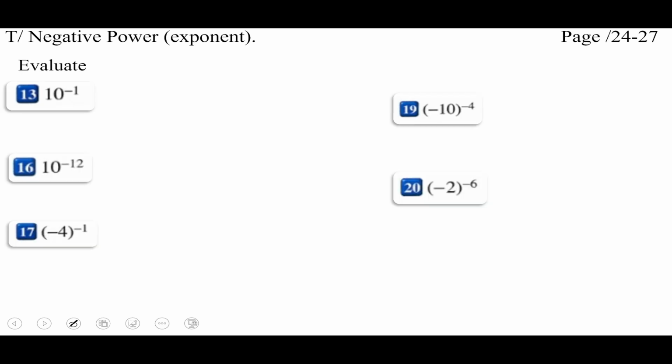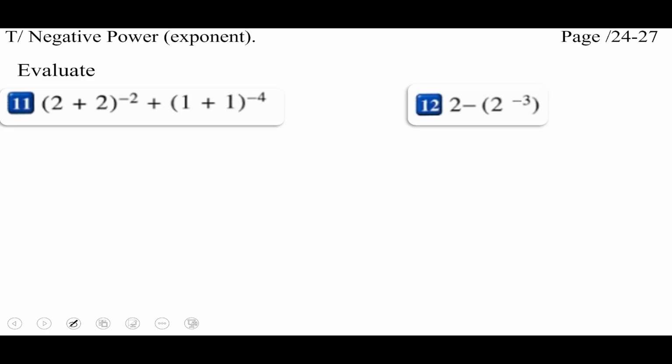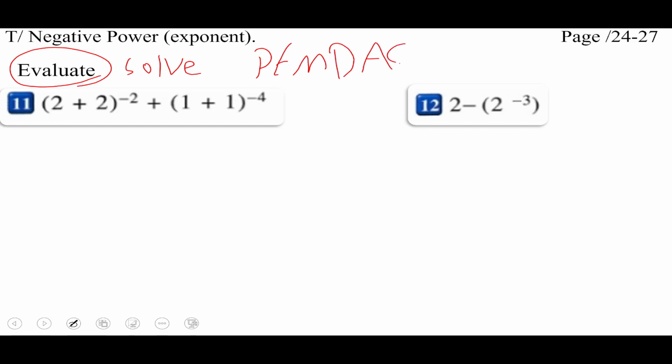Let's see, for example, question 12. Whenever the question says evaluate, we need to solve. If it is more than one operation, we need to use PEMDAS, P-E-M-D-A-S. Let's solve question 2. In here, we have powers. We need to focus on the brackets first.